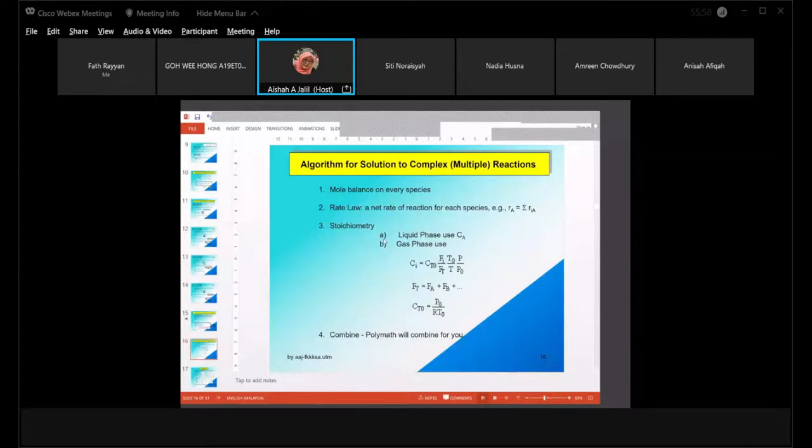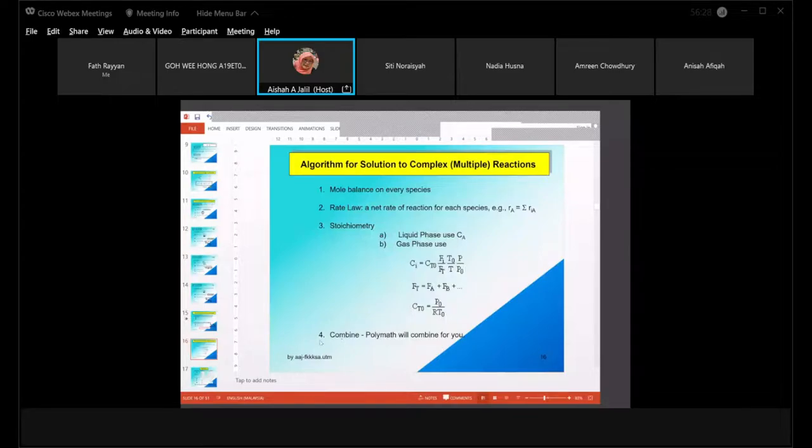And then you have the stoichiometry, whether liquid or gas phase. For liquid, you do not have to use epsilon, but for gas phase you have to use epsilon. If you cannot remember, this is for concentration in terms of other than conversion, so we do not have the X here.